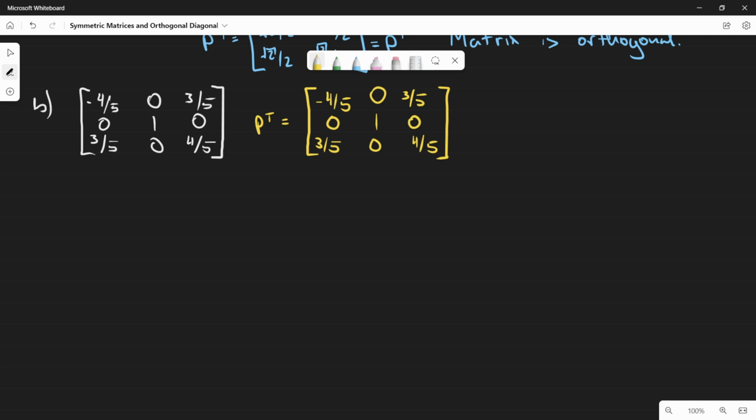Now to find the inverse. To find the inverse, remember that we have to make a big augmented matrix.